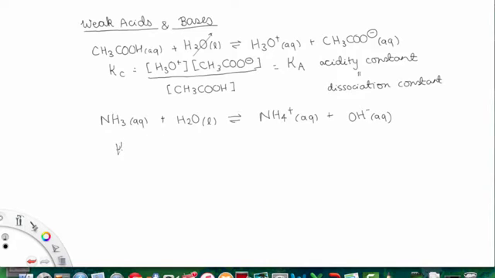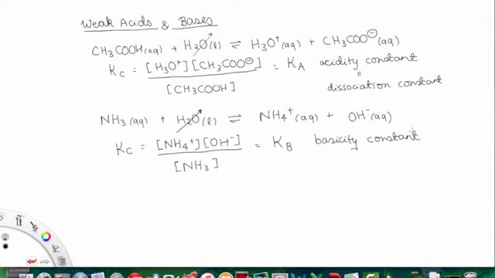The equilibrium constant would be the products, NH4+ OH-. Again, for the reactants, we have water in large excess, thus a constant. The liquid is not considered, and we just have the ammonia. This is now given the constant Kb, which is called the basicity constant.